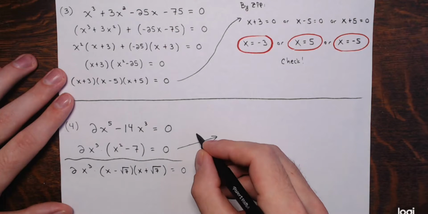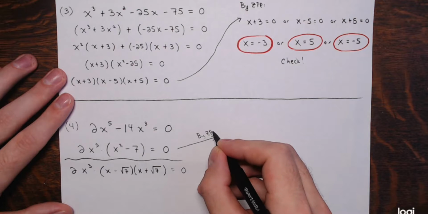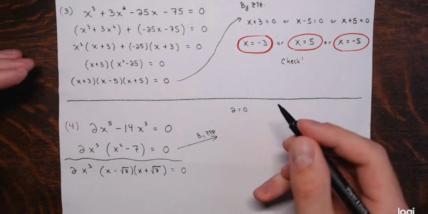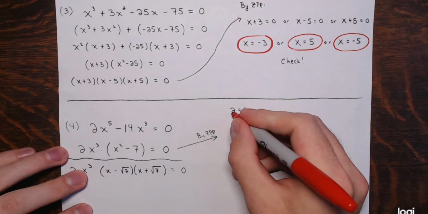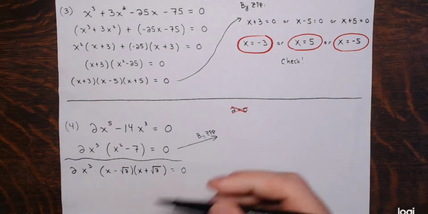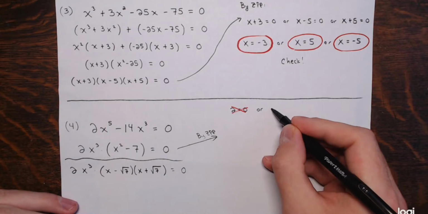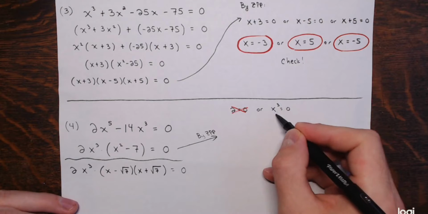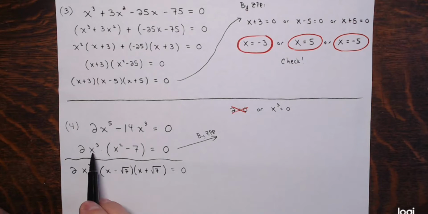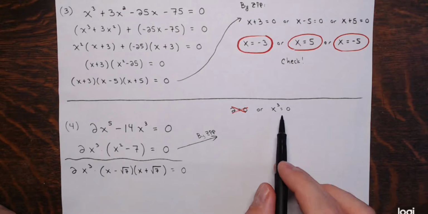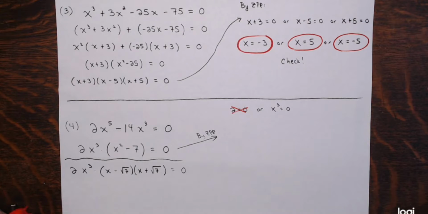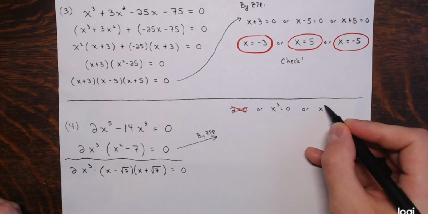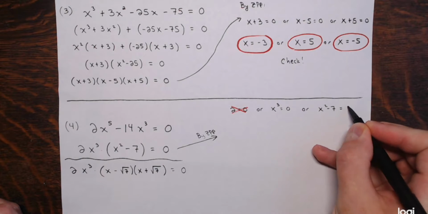So if I apply the zero product property to this, we get either 2 is 0, but that's not giving me any information, or x cubed equals 0. Again, you can break that up to 3 x's and write 3 different equations, but I'd rather just leave it as x cubed. Or x squared minus 7 equals 0, this factor here.